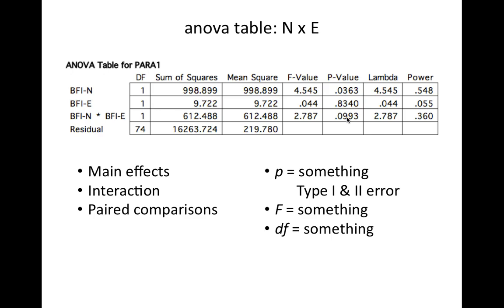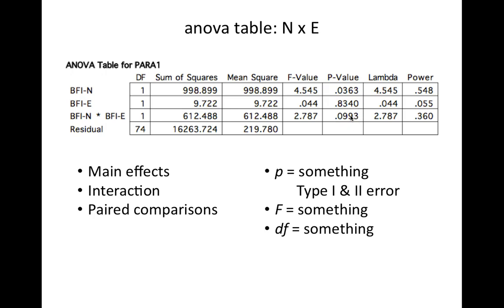Generally, anything that's 0.05 or smaller is considered reliable, and in between 0.05 and 0.1 is what's called marginally reliable. And so this 0.09 qualifies as marginally reliable. Okay, so what we see here is that there appears to be an effect of neuroticism, but not of extraversion. But we do have an interaction here.